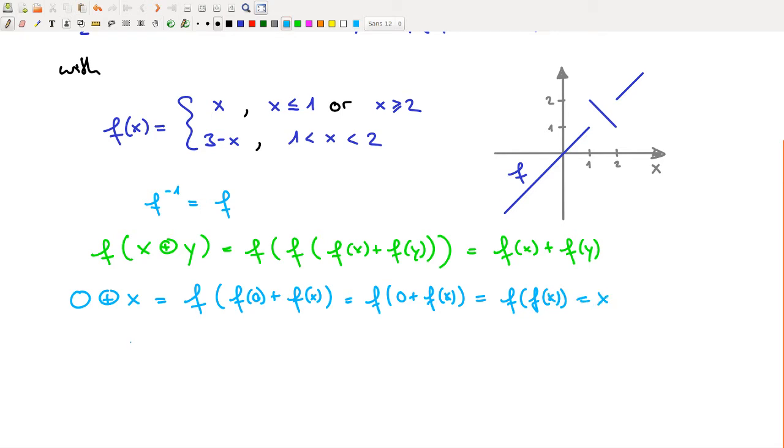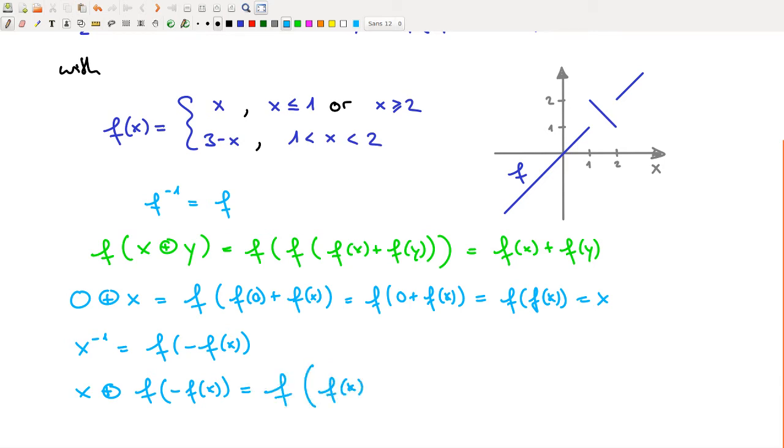Now, what about inverses? I claim that the inverse of x is f of minus f of x. So let's check if that is true. What is x plus f of minus f of x? Well, that's f of, and now we have to insert f of the first argument, ordinary plus f of the second argument.